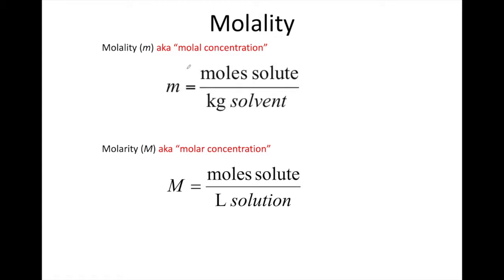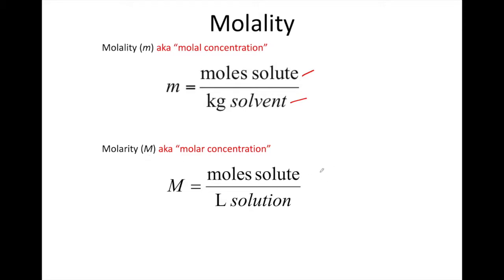We often say we have a molal concentration, so we would have a 1 molal solution instead of a 1 molar solution if we're discussing the concentration. So molality, as we mentioned, is moles of solute divided by the kilograms of solvent.